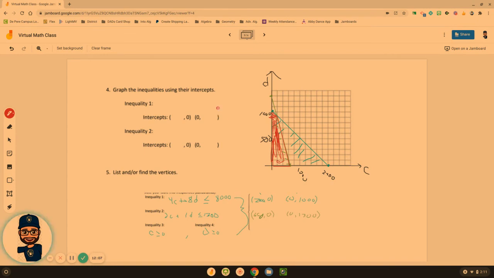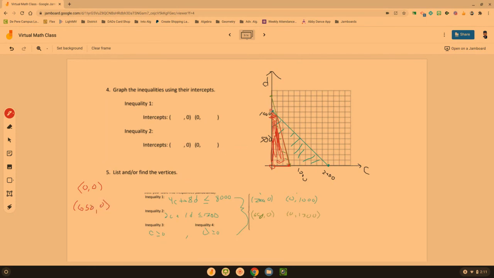So now we need to use all of that information to list out those vertices, the four corners, if you will. So 0, 0. Over here is 650, comma 0.